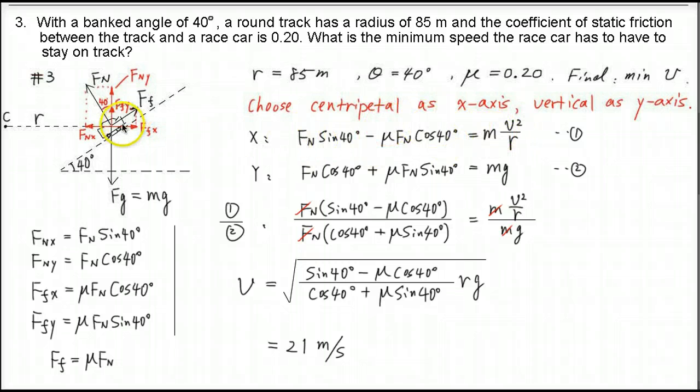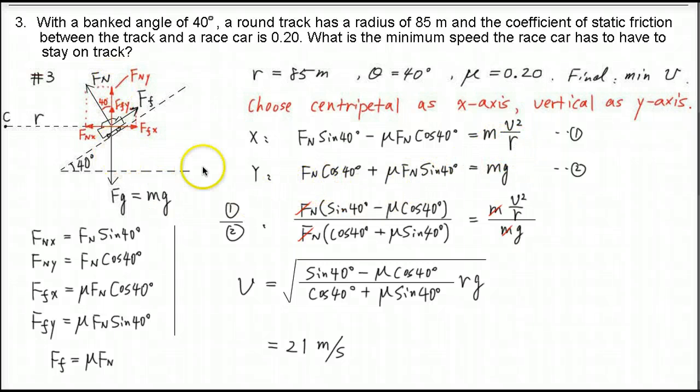So the net force is Fnx, which is Fn sine 40, minus mu Fn cos 40, that's Ffx, which you can find here. Because they're in different directions, you have to subtract. So this one has to be bigger, so that we have net centripetal force equal to mv squared over r. So you always have this equation in circular motion problems.